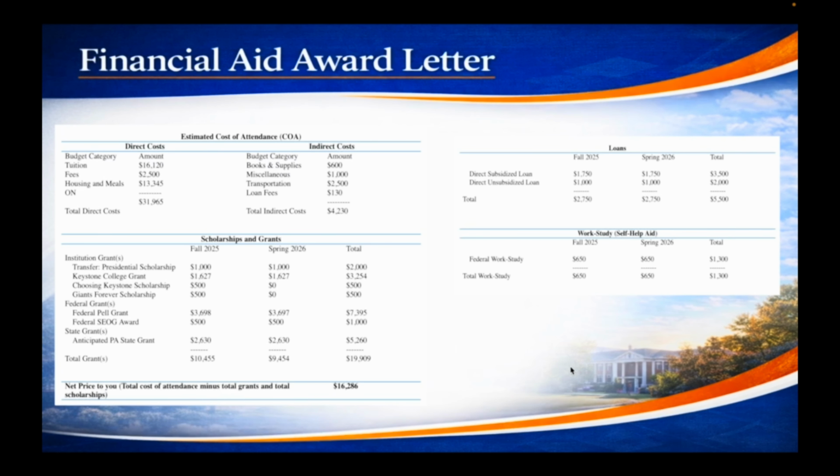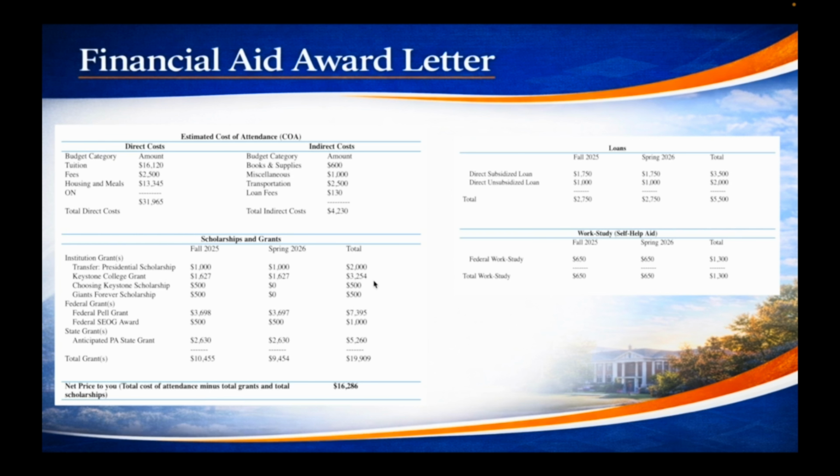So now we'll take a look at a financial aid award letter. The important thing to look at is this section right here, scholarships and grants. You can see this student received a $2,000 presidential scholarship, $3,254 Keystone College grant, and remember, the total over here on the right, that means it's for the entire year.